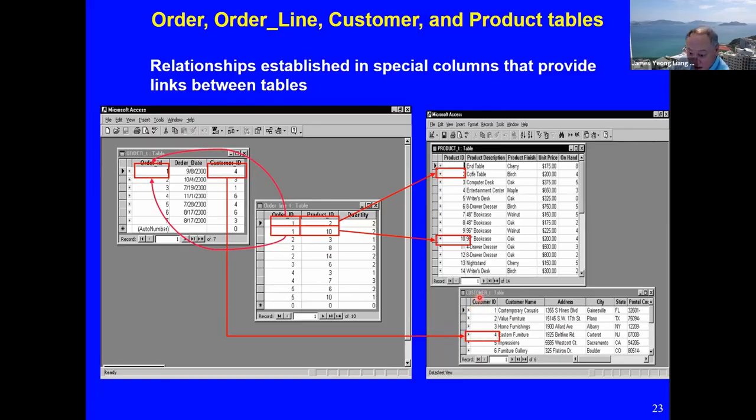Which is the primary key. This column is duplicated inside the order table. So therefore, this represents there is a one-to-many relationship between these 2 tables. See? So that's how they represent a relationship between 2 tables or 2 entities, by duplicating a column in one table in the other table.